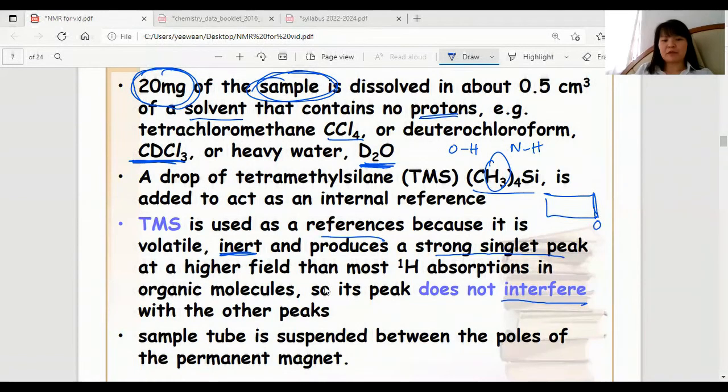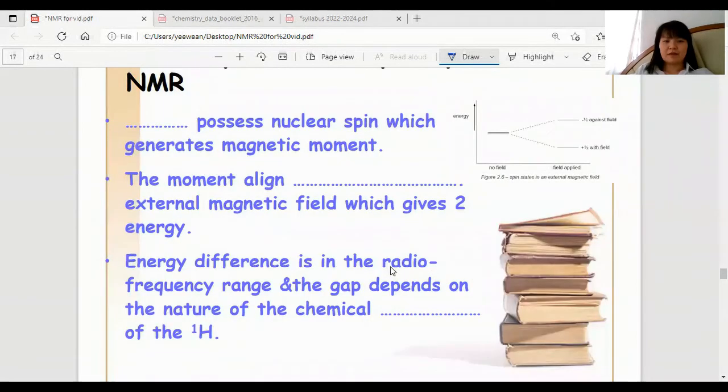And then this sample tube will be suspended between the poles of the permanent magnet in our NMR instrument. This is a summary of the theory. This is a proton NMR.